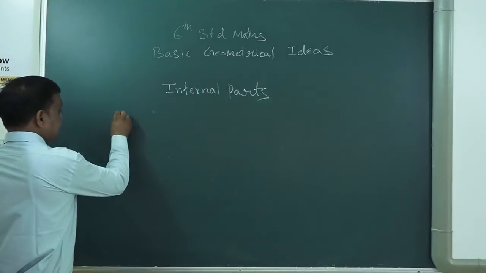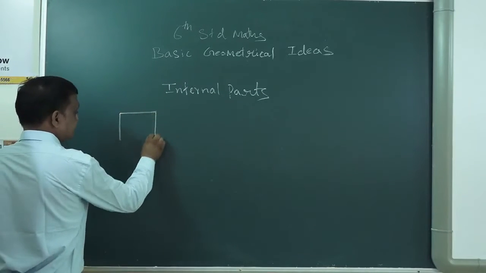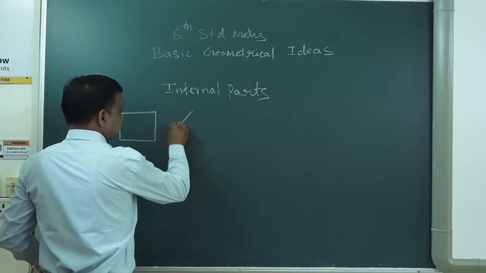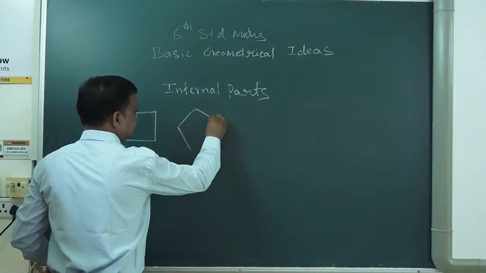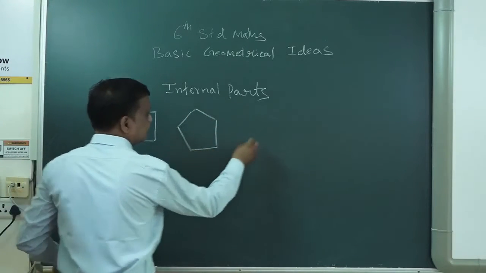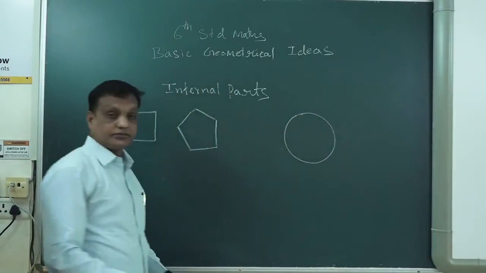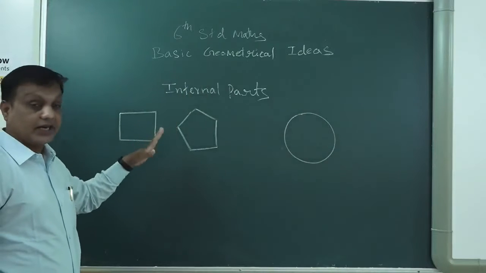Here I am writing some figures. This is a square. This is pentagon, and this is circle. Now these are some internal parts.